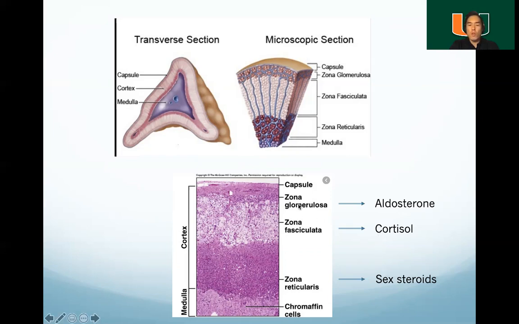Zona glomerulosa produces mostly aldosterone, fasciculata produces mostly cortisol, and reticularis produces mostly sex steroids. So remember it as GFR, an acronym that we use. Again, when we talk about adrenal hormones, we talk about the adrenal cortex.